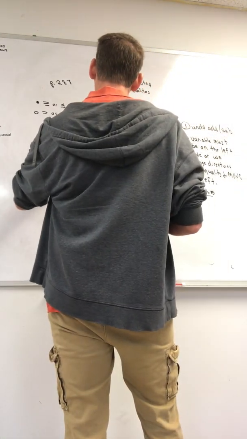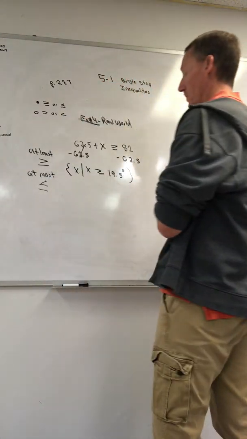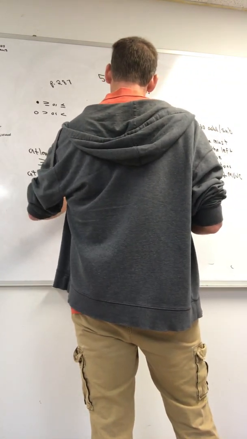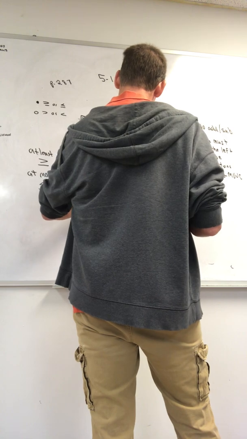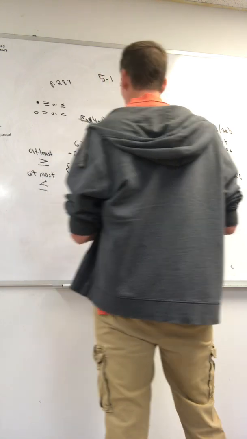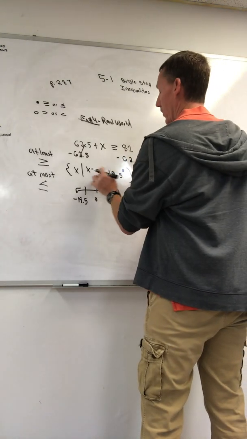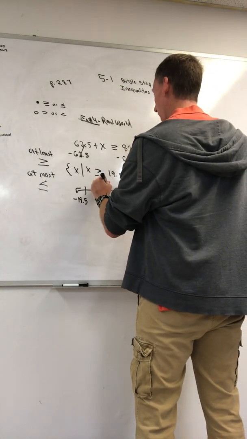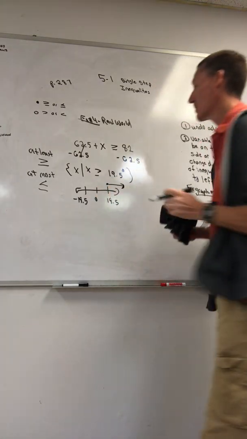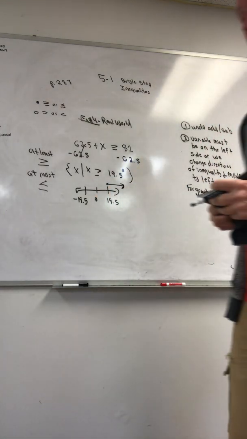And let's put that in set notation. All right, and graph it. And greater than or equal to is a closed dot on the 19.5 degrees, and it points to the right. Okay? So that's it for that video.